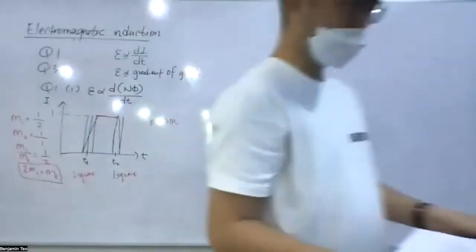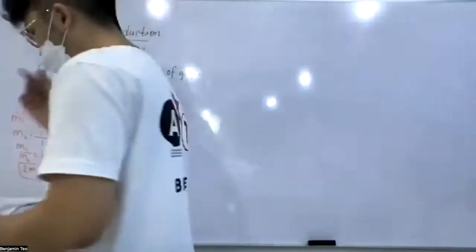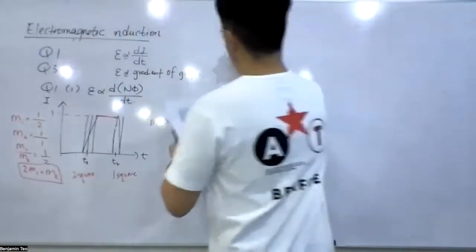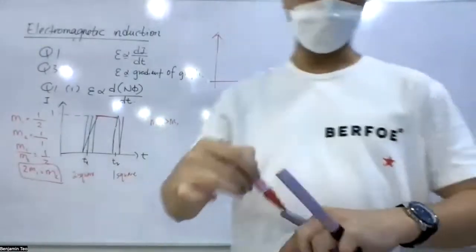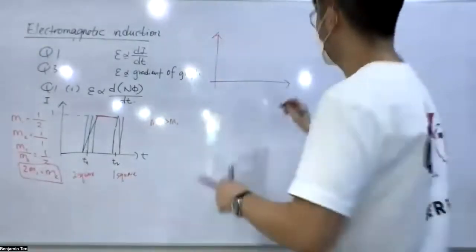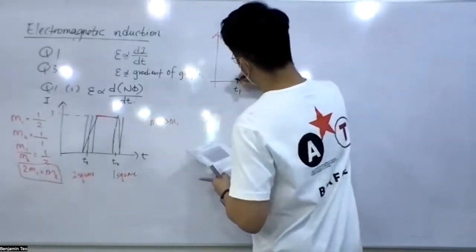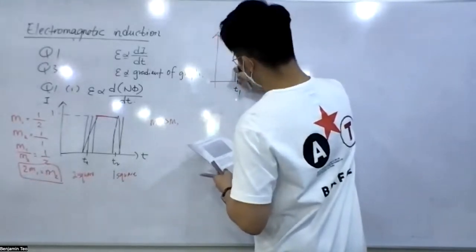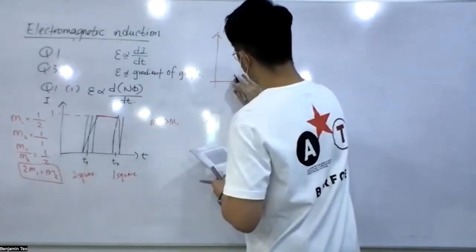So that means your graph on the EMF, the T2 should be twice the height. Okay, the T2 should be twice the height. This is your T1. You draw it like, okay, it's a negative, right? It's a negative, so we do T1.